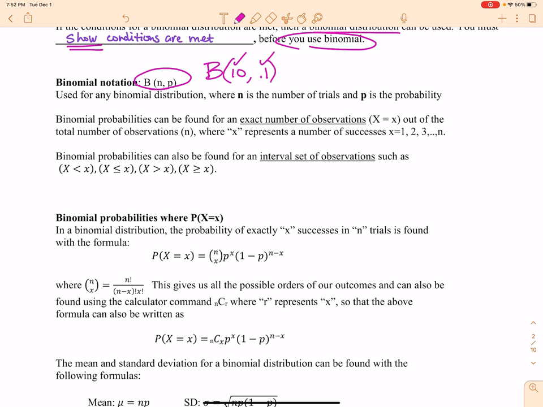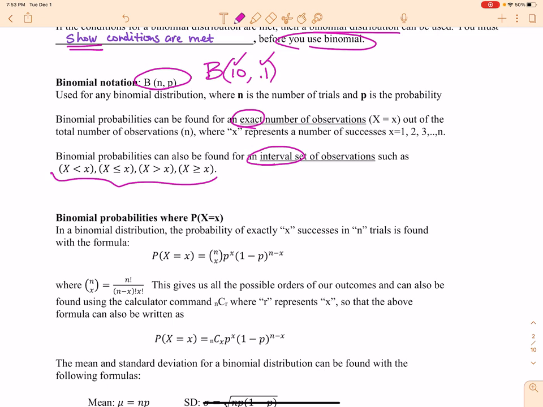Anytime you're looking at a binomial distribution, there are 2 different types of probabilities you can find. You can find exact numbers of observations, or you can find an interval set of observations. That's where our inequalities come in. And I'm going to talk to you as we're doing examples about what all of this will look like.